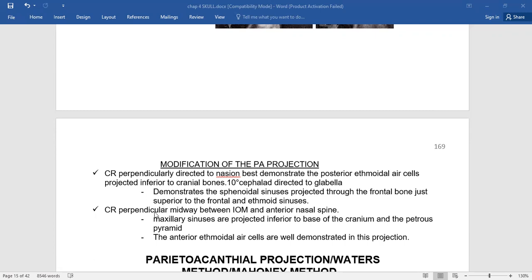Perpendicular, midway between IOM, to demonstrate naman maxillary sinuses and anterior ethmoidal air cells. So, pag 10 degrees, posterior ethmoidal air cells. Pag 0 degrees, perpendicular lang siya, makikita ang anterior ethmoidal air cells.